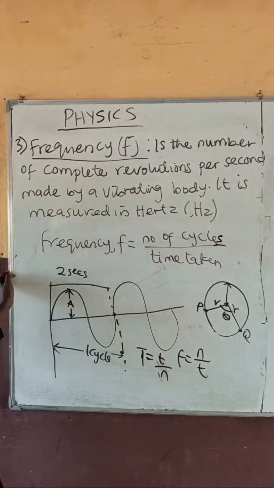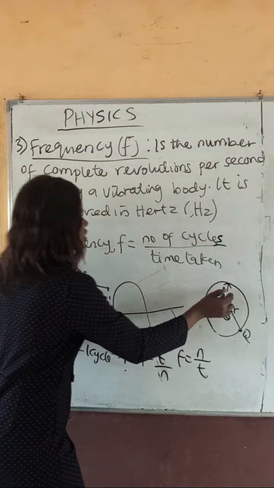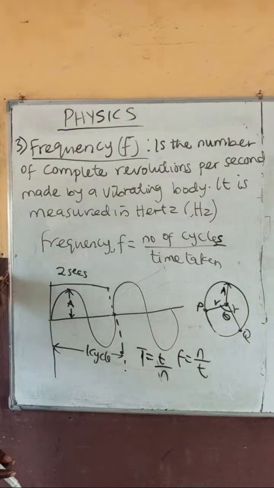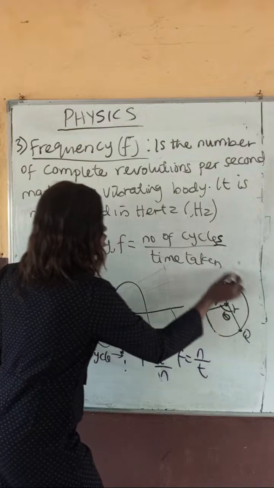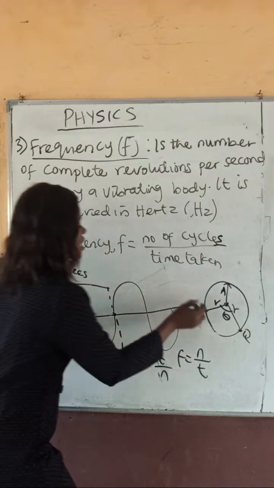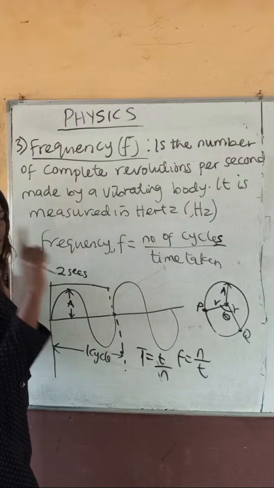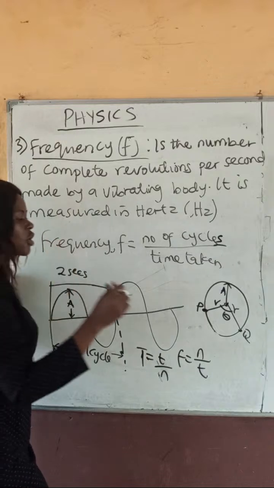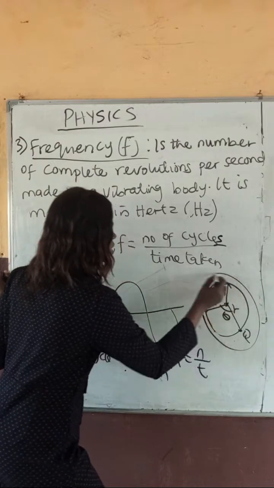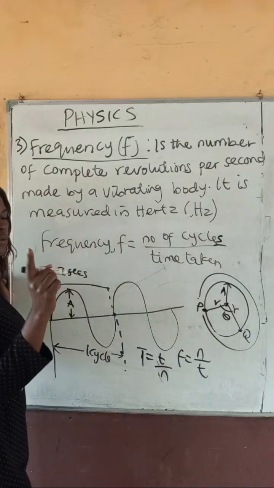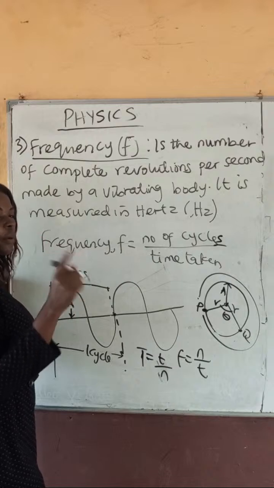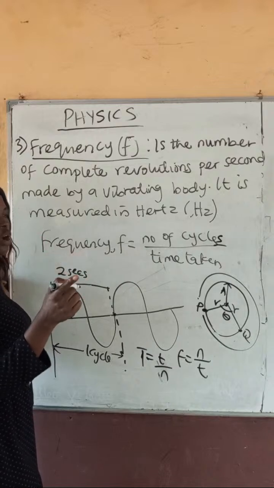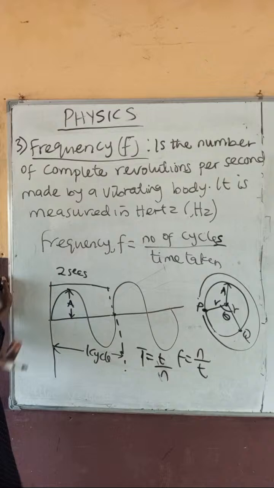This can be denoted as A. Now, if a particle starts here and completes one oscillation, call it one cycle. If the particle takes 1 second to make one complete oscillation, that becomes our frequency. Do we understand?